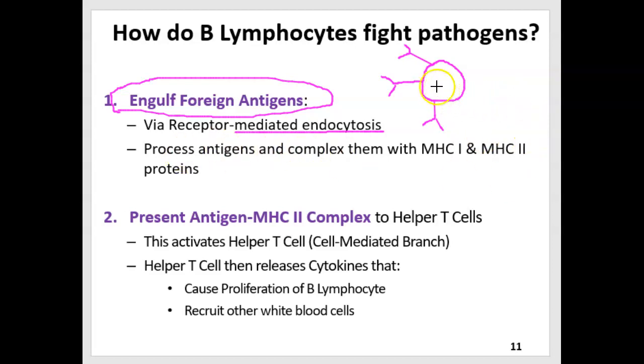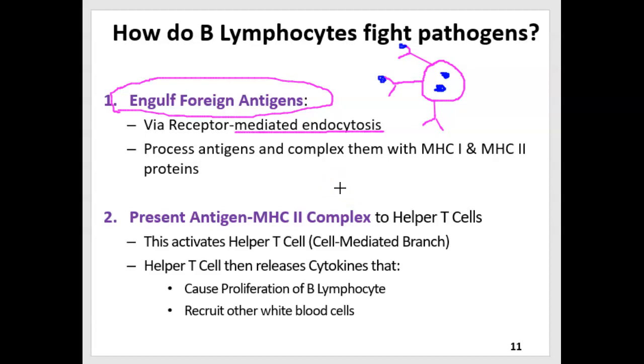And then, I haven't drawn an antigen on here, I guess I should. Let's do an antigen in blue. Now once engulfing happens and the antigen is on the inside, which I'm not that sophisticated with this mouse, now the antigen is inside, the B lymphocyte processes that antigen, kind of breaks it down and puts it with some molecules called major histocompatibility complex.